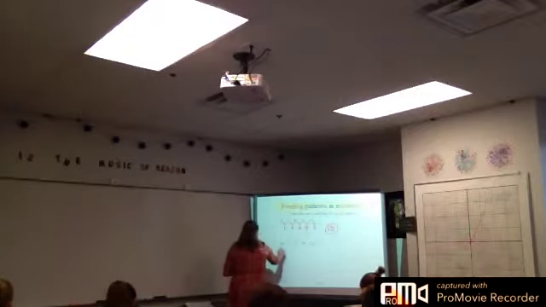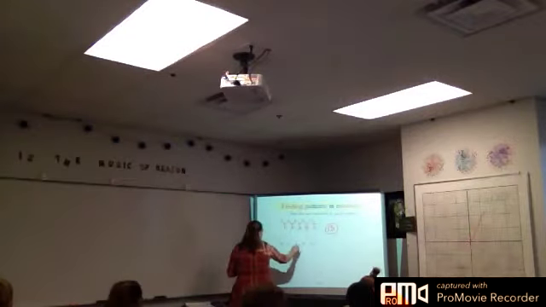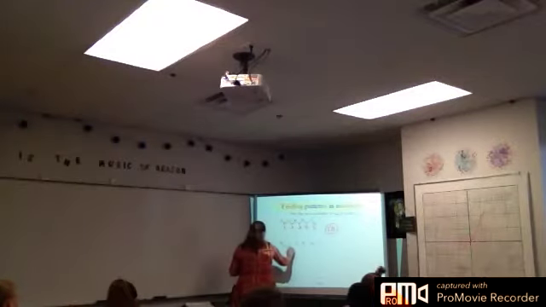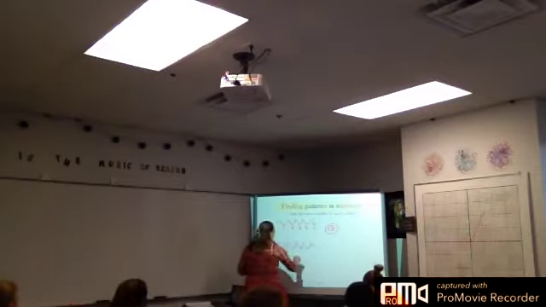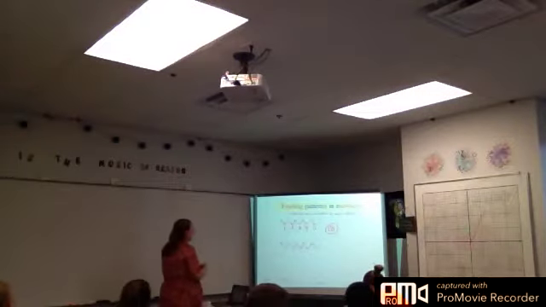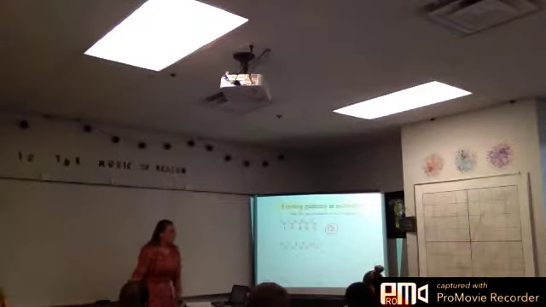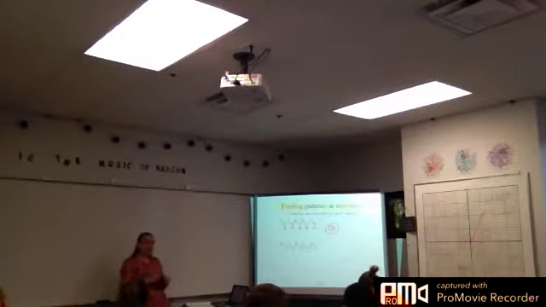Here's the next one. You go 0 to 1, 1 to 4, 4 to 9, and 9 to 16. What does our pattern appear to be here? 0 to 1 is a difference of 1. 1 to 4 is a difference of 3. 4 to 9 is a difference of, go Elle, what do you think?